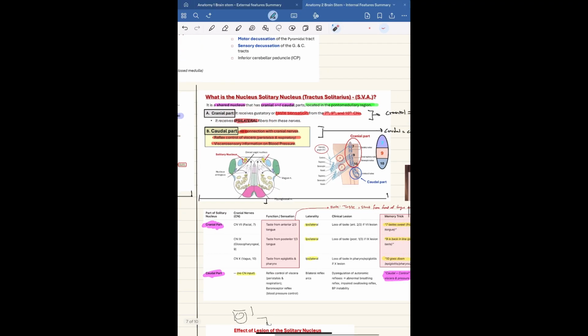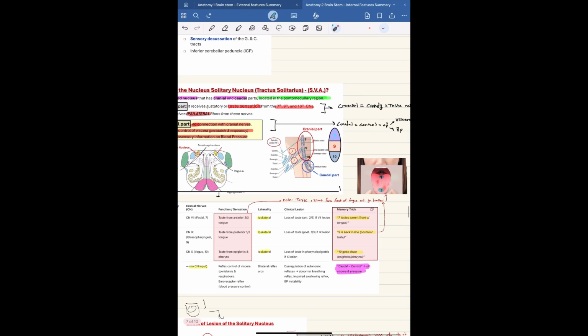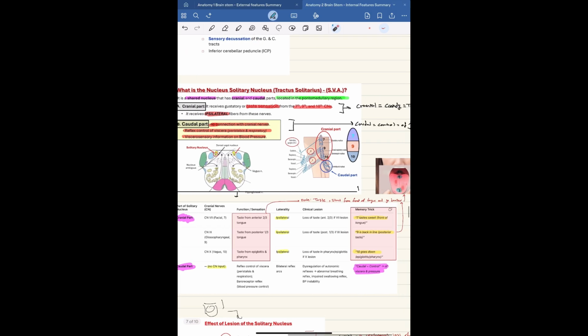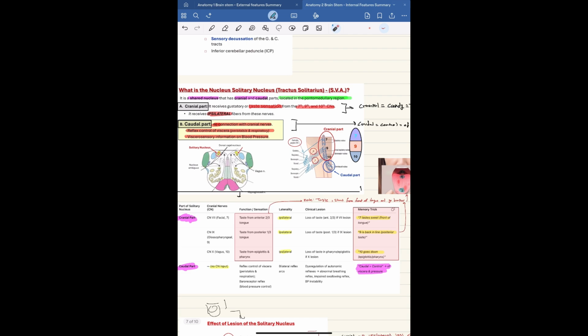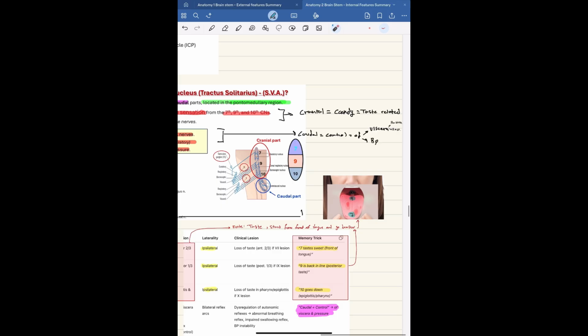Now, the caudal part. When I say caudal, I remember control, also CNC, but caudal control. Control of what? Visceral functions: control of blood pressure, viscera, respiration, peristalsis, and all of that.